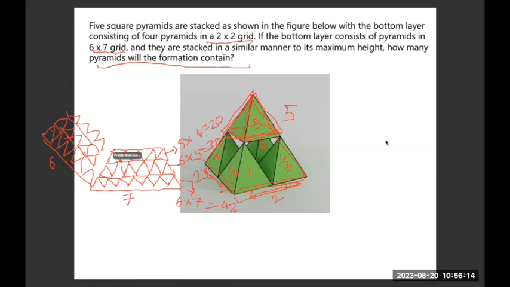On top of it, 1, 2, 3, 4, so 4 by 1, 2, 3, 12. Again, on top of it, 1, 2, 3. 3 by 1 and 2. 3 by 2, 6. 1, 2.